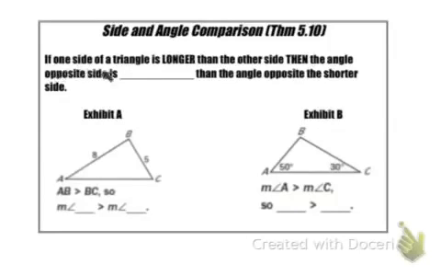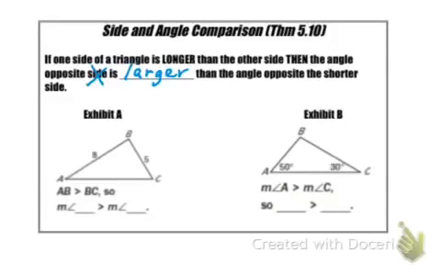If one side of a triangle is longer than the other side, then the angle opposite. Alright, we had a typo, so we're going to cross off the word side. If one side of a triangle is longer than the other side, then the angle opposite is larger than the angle opposite the shorter side.